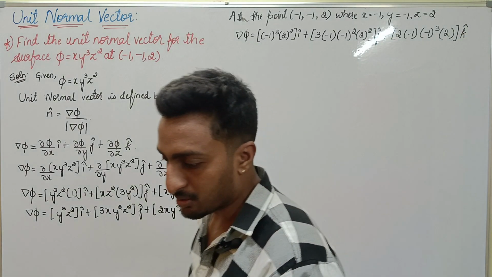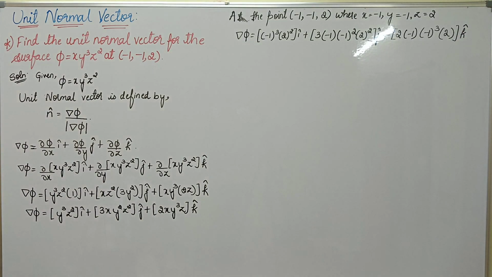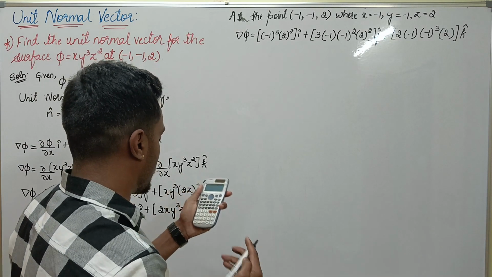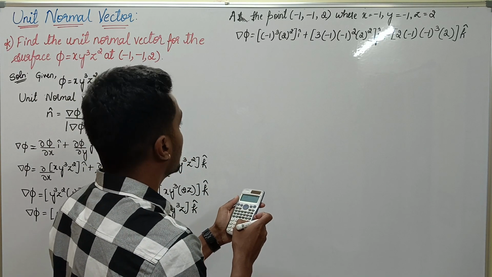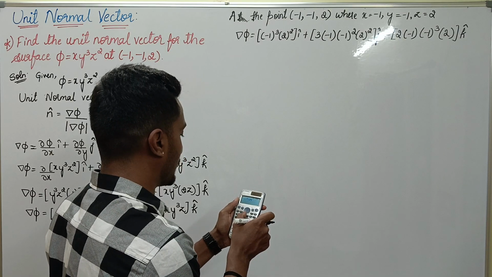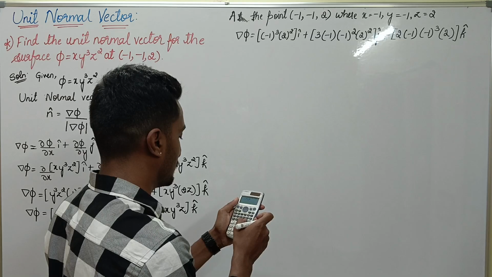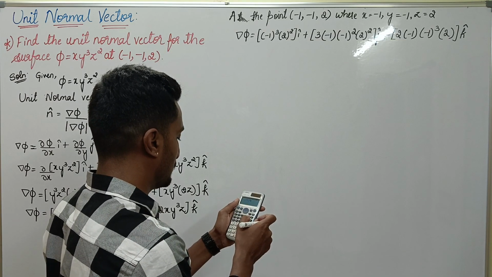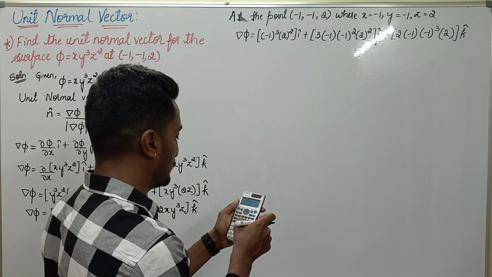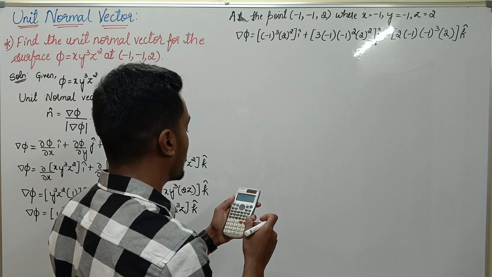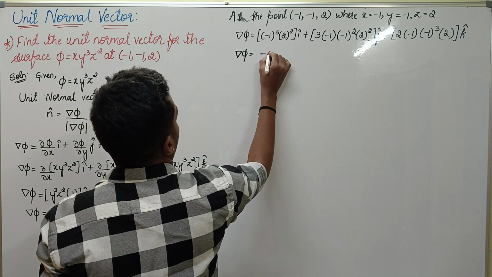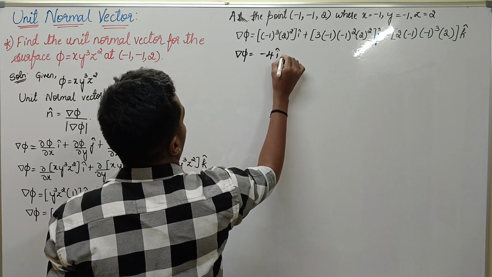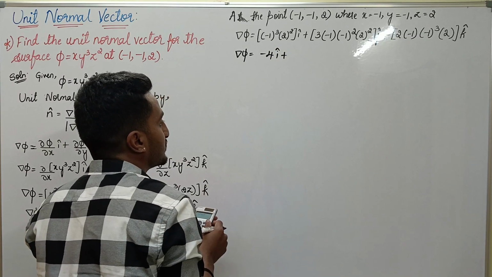Use the calculator so that there will be no mistake in the solution. First, minus 1 the whole cube into 2 square, you get minus 4. Gradient phi, which is equal to minus 4 i cap, plus, let us see.